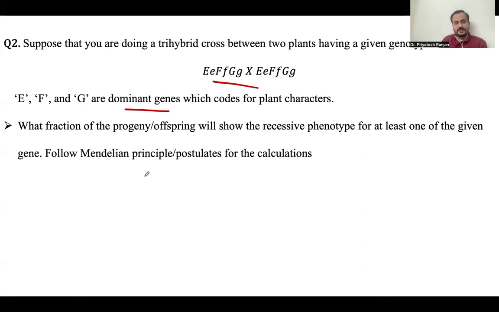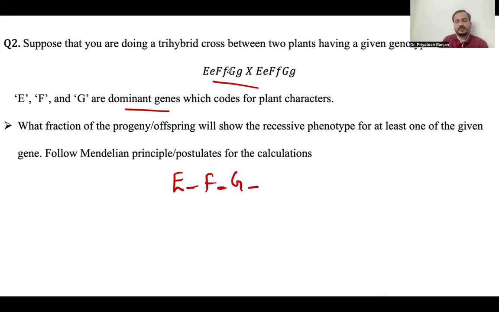Now remember, I can reframe this question for the solution in some other way. For example, I can rewrite it as: what fraction of the progeny or offspring will not show the recessive phenotype for even one gene. This is the situation, for example, E dash, F dash, and G dash.